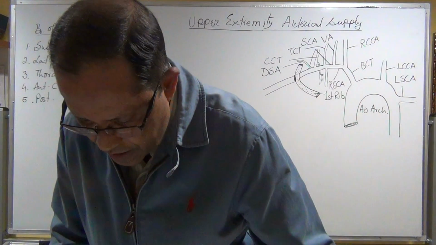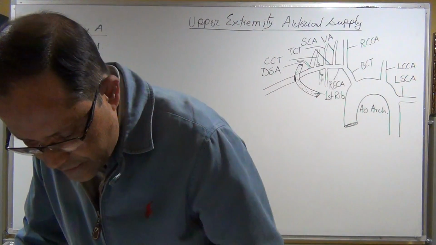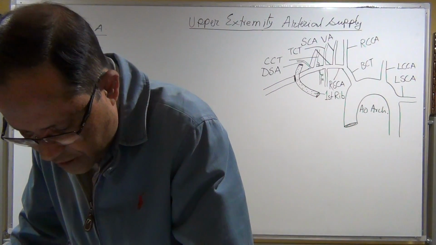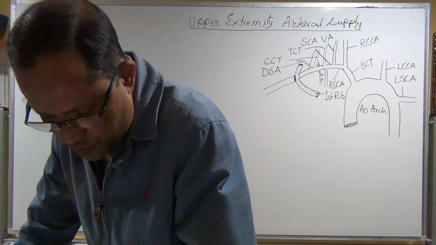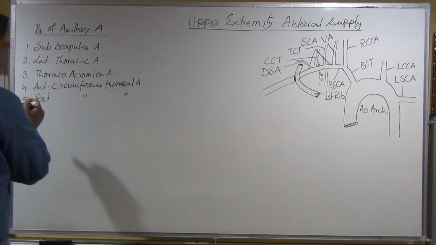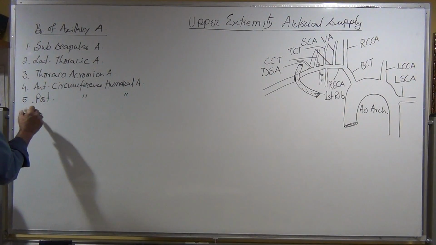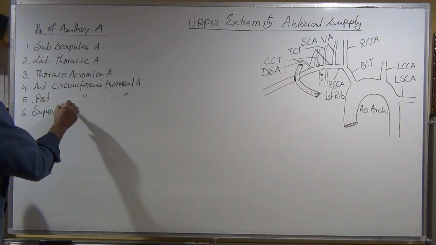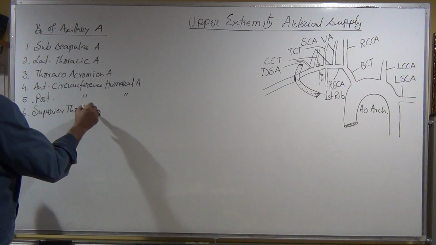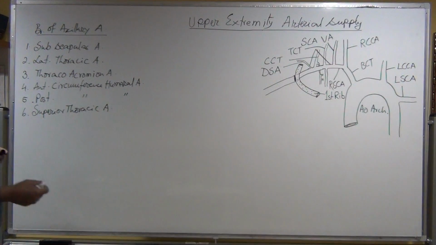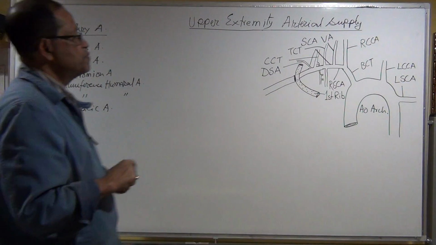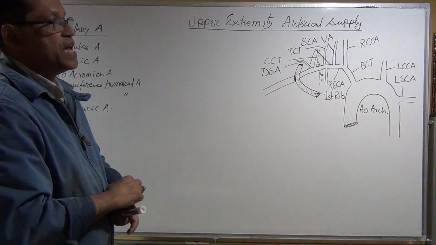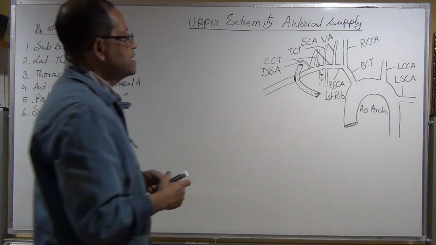Superior thoracic, lateral thoracic, thoracoacromial, subscapular, anterior circumflex, and posterior circumflex humeral. Superior thoracic artery. Okay, so these are the 6 branches arising from that small area, the axillary artery.